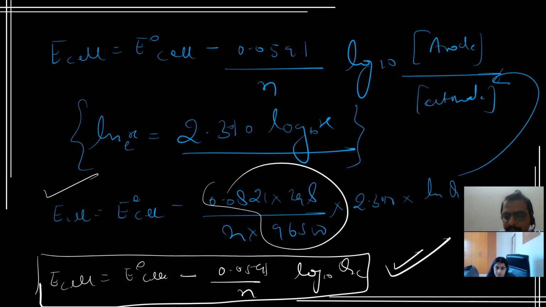I was just a little confused about the log and the natural numbers, but now it's clear. So this is the magic once you clear the conceptual clarity and make a robust foundation.